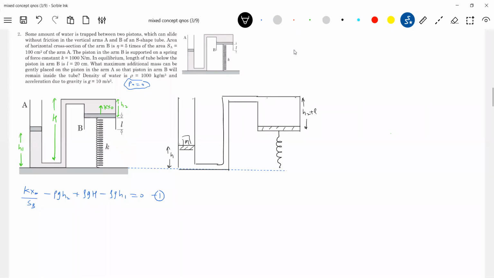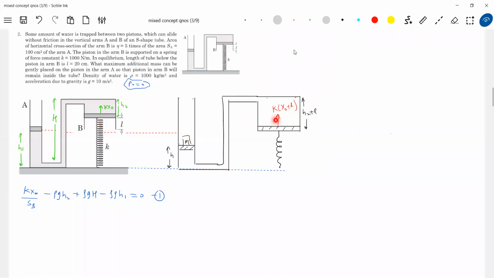And the spring, how much will it be compressed? K times x naught plus L. Okay, fine. So what happened: the amount of liquid present in this region has increased here, no?